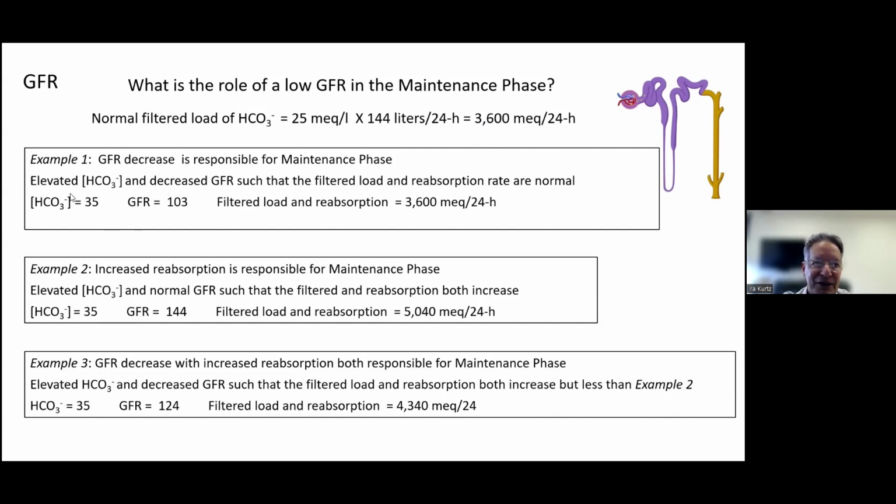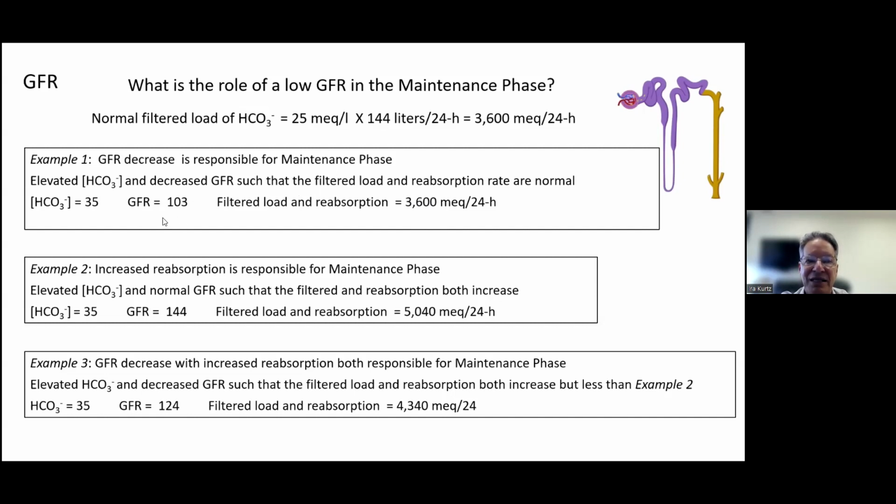So let's take this patient with a metabolic alkalosis, but let's cut the GFR from 144 to 103 such that when we multiply these two things, the filtered load is still 3,600. Here we've now got a patient maintaining a metabolic alkalosis, but there's nothing that the nephron has to do. The tubule is still reabsorbing 3,600.